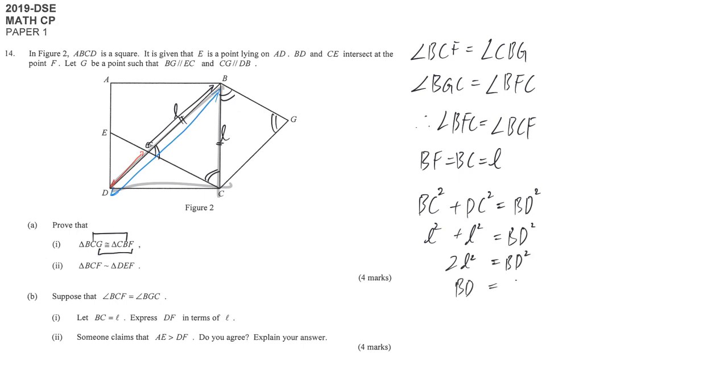BD is equal to square root 2 times L. That's why our target DF is equal to BD minus BF, which is equal to square root 2 L minus L. Extract the common factor, that means square root 2 minus 1 times L. This is our answer in part B1.